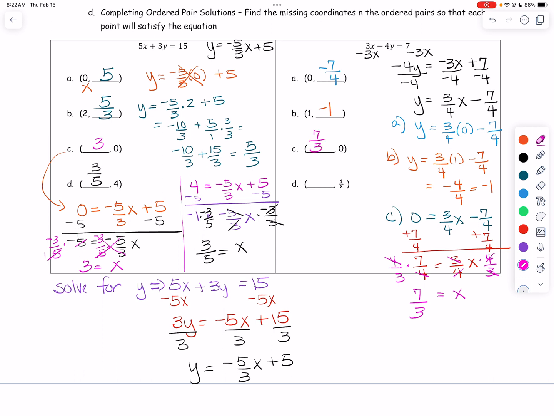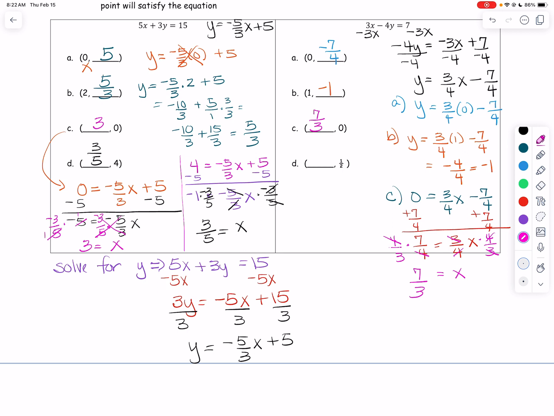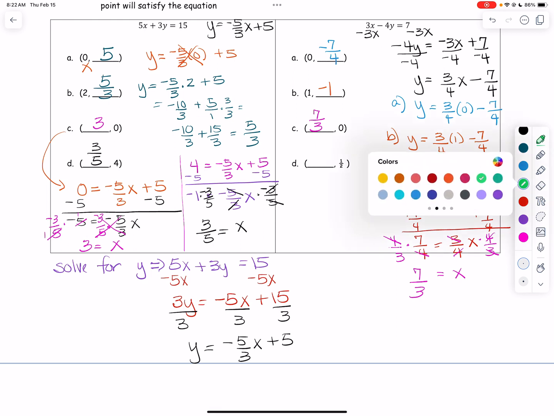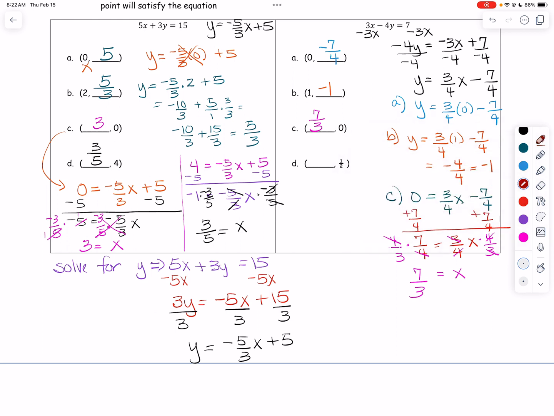Oh, now this is just not nice. We got a fraction. So we're going to have y is 1/2. So let's use this color. Let's do this one. So y is 1/2 is equal to 3/4 x minus 7/4.